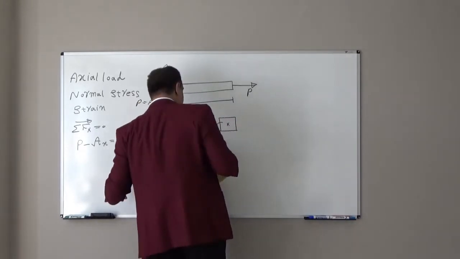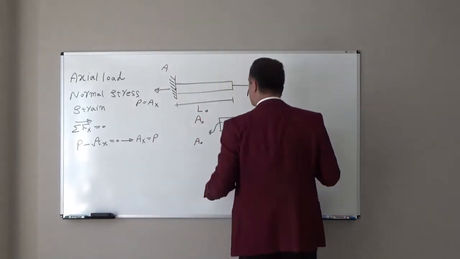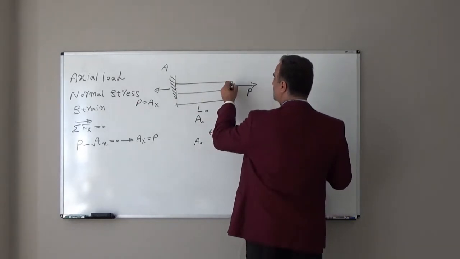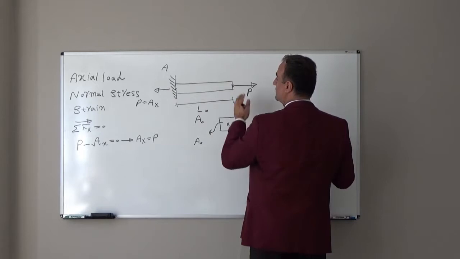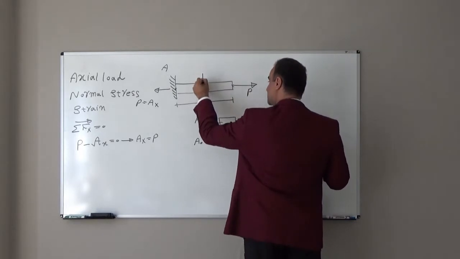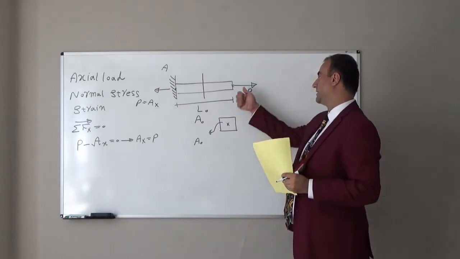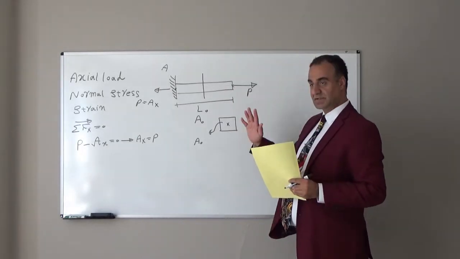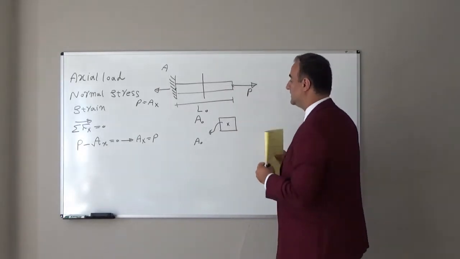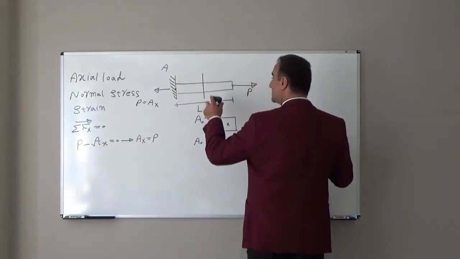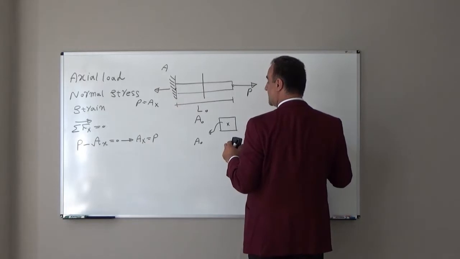Now if I cut this bar in one location away from the external load, a little bit far, for example here. The reason I'm telling you far from the applied load point, later on I will explain why. But for now, assume we cut this rod perpendicular to the bar. What will happen?